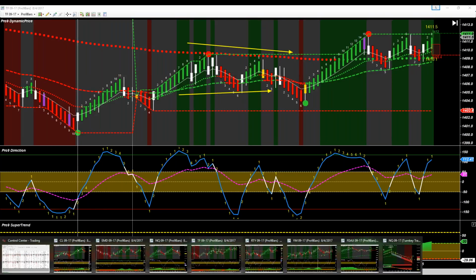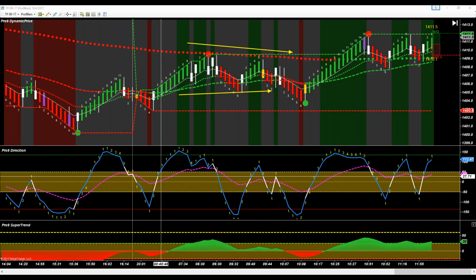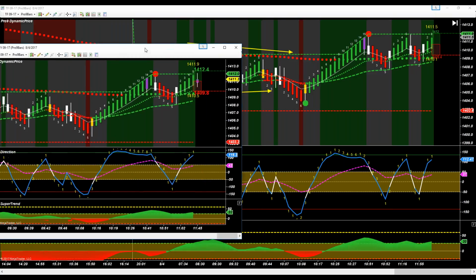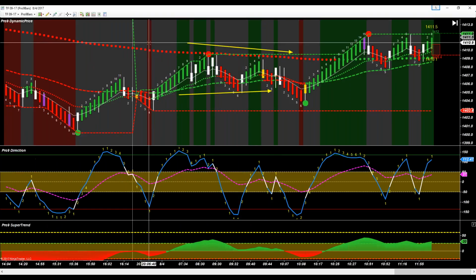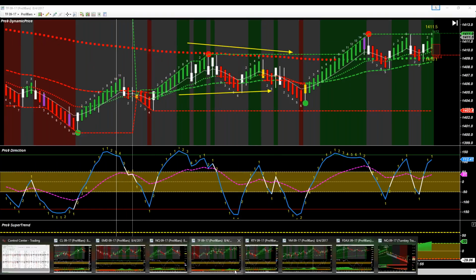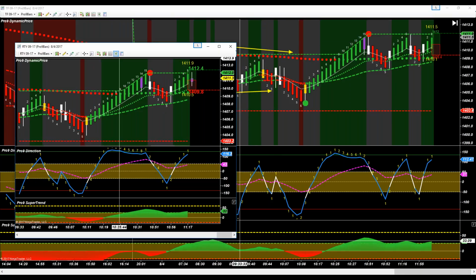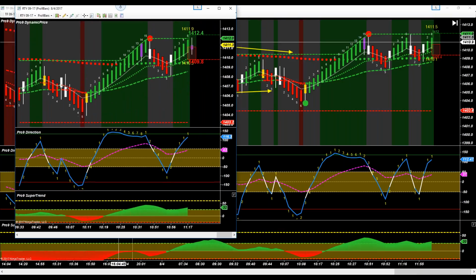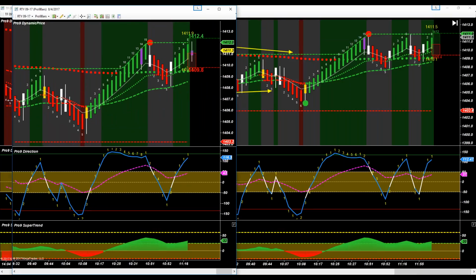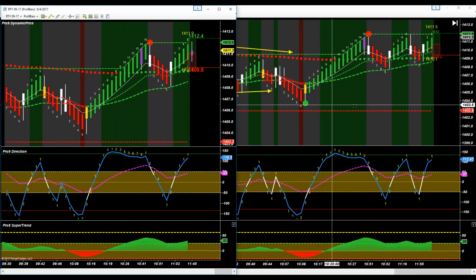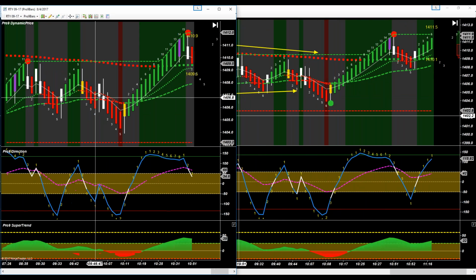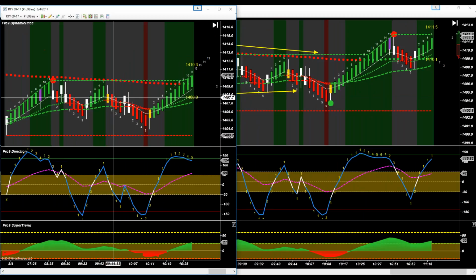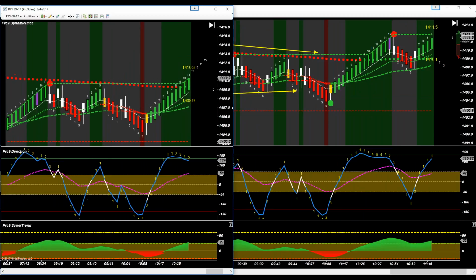But then if we take a look at the RTY, we'll see a fairly similar story here. You can see these markets move fairly similar to each other still. Well, it is the same market, even though they're on different exchanges.